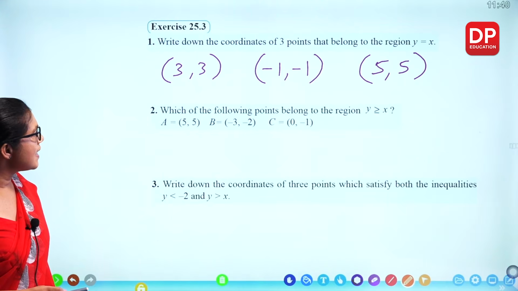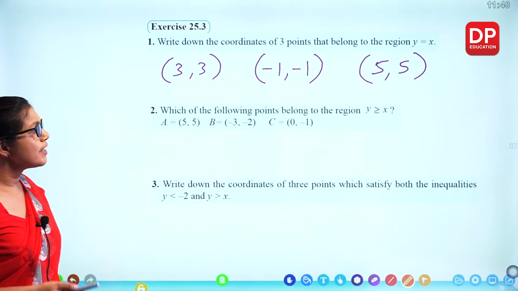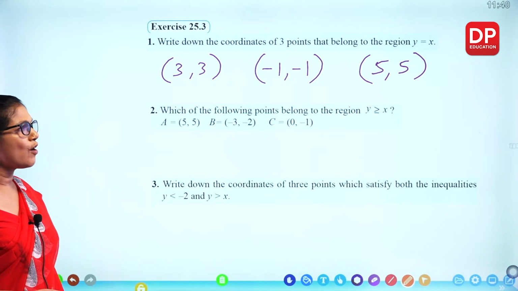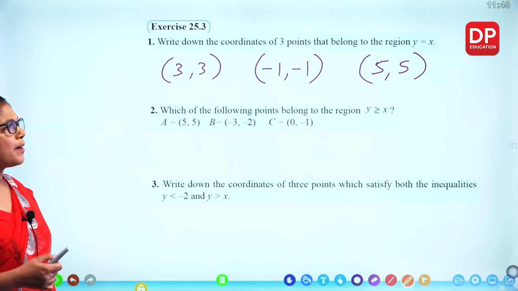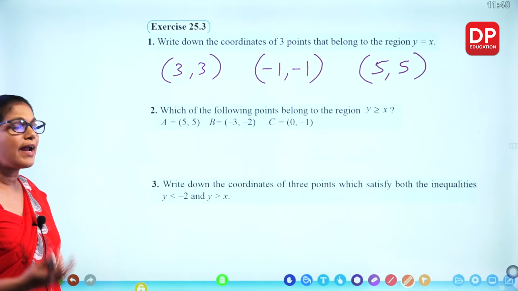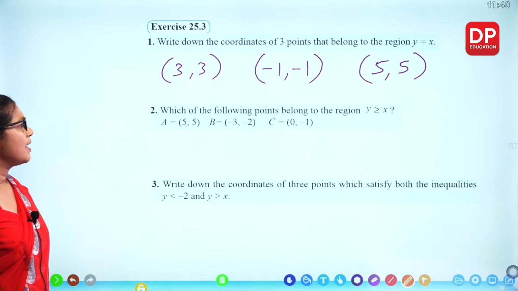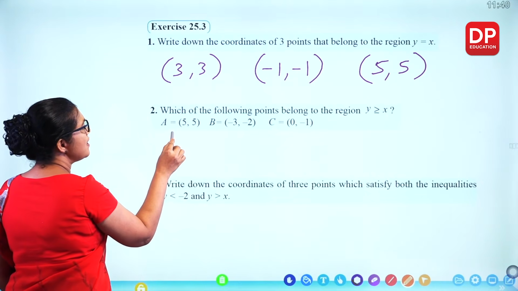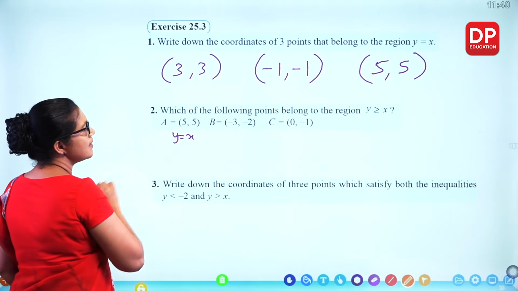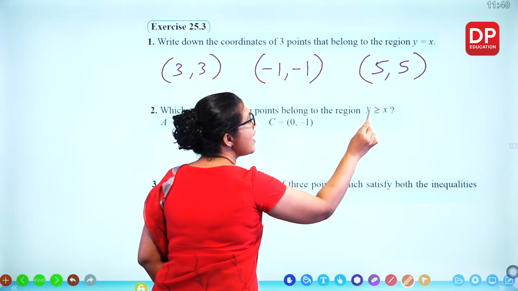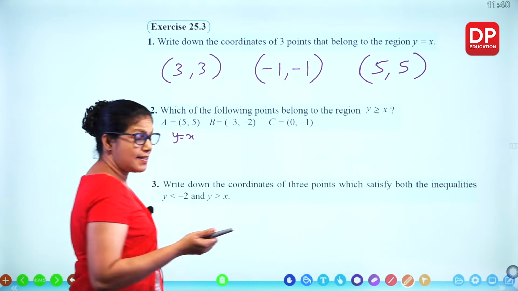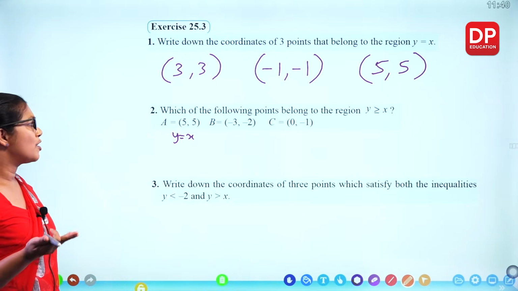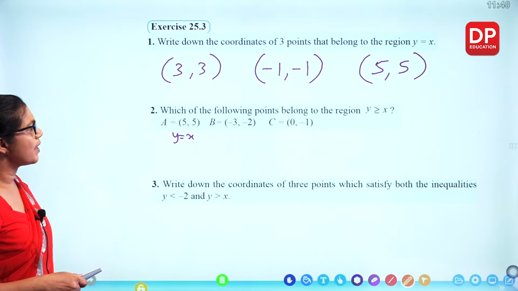Question number 2 says which of the following points belong to the region y greater than or equal to x? So that means the y value should be greater than or equal to x. Here 5 and 5 means y equals x. Yes, y greater than or equal to x includes x equal to y as well, so this is okay.